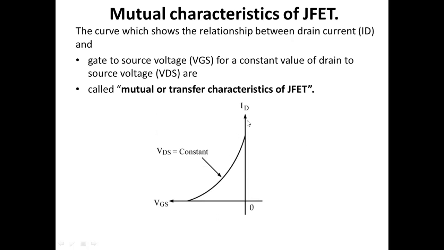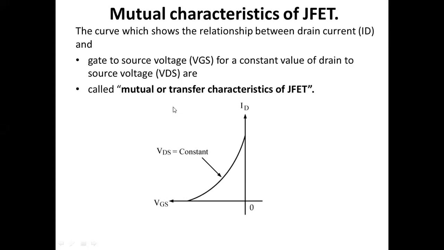So the characteristics are drawn between output current and input voltage. That's why they are called mutual characteristics of JFET. Okay.